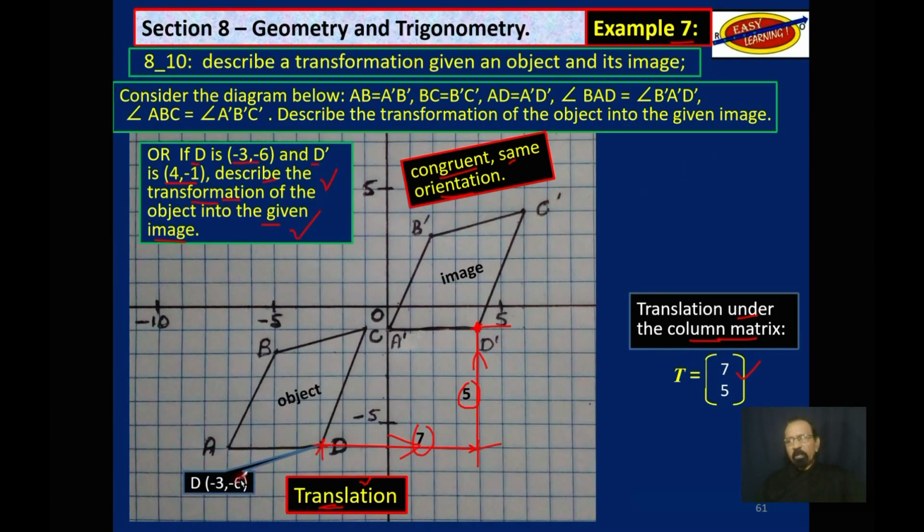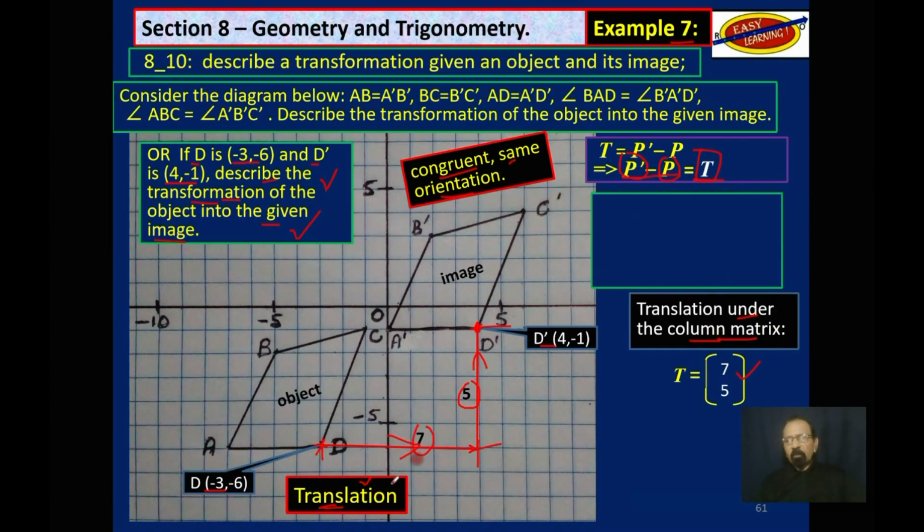So you are given this point, D, and this one, D prime. We use this equation here. P prime minus P is equal to T. That is any point on the image minus the corresponding point on the object is equal to the column matrix translation vector. So we put in the information we are given, P prime, which is this, and P, which is that.